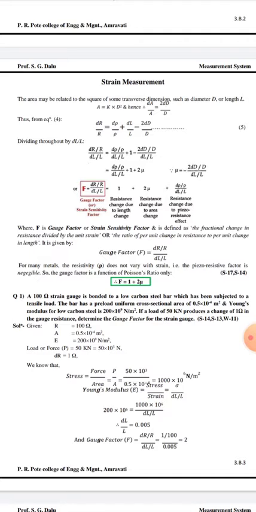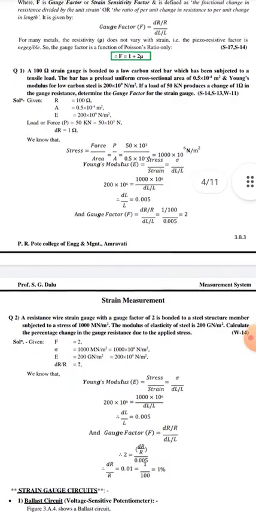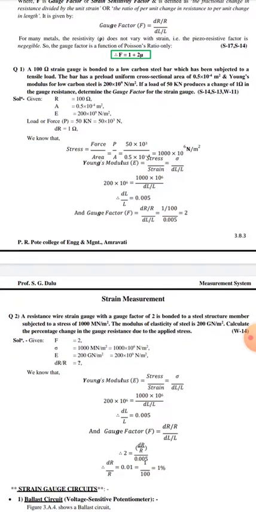So gauge factor will be 2. This is a 3-step numerical, which was asked for 5 marks in summer 2014, summer 13, winter 11. So this much simple numericals will be asked in the university exam.